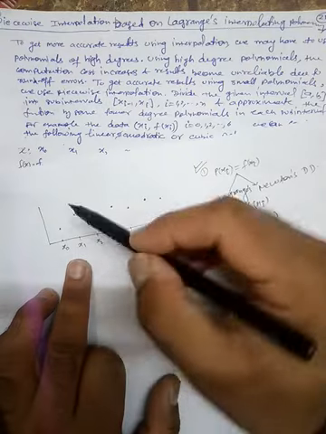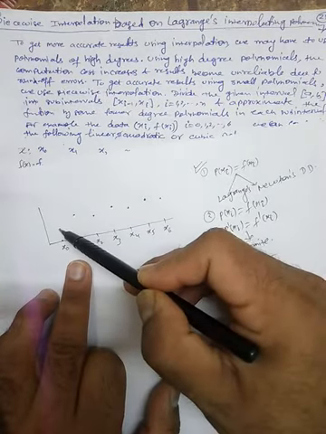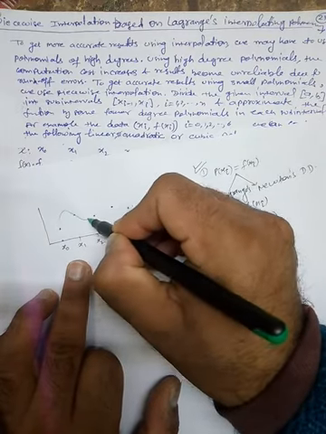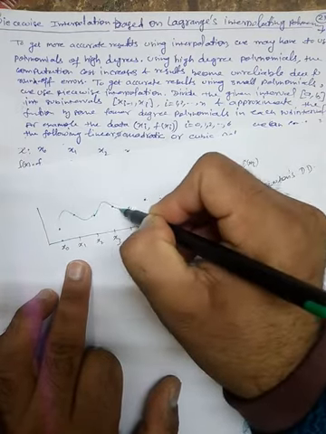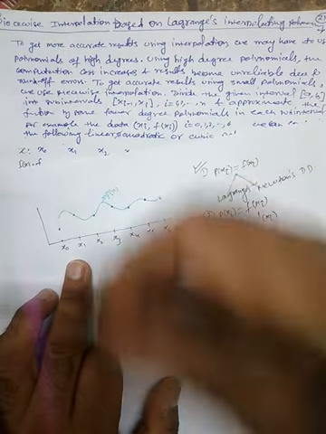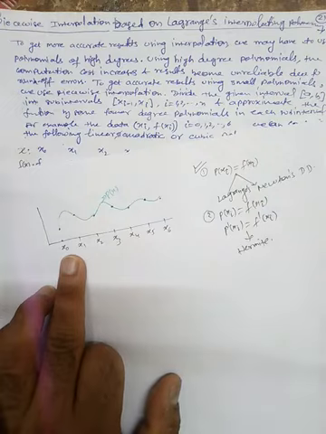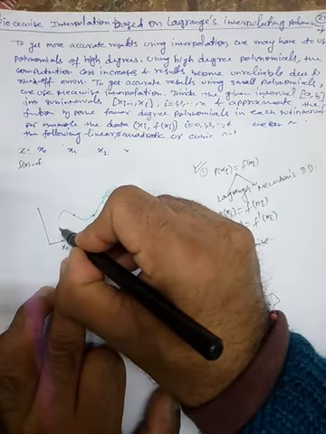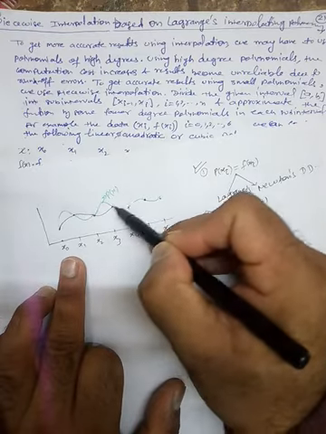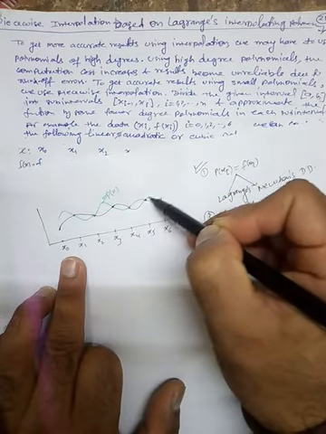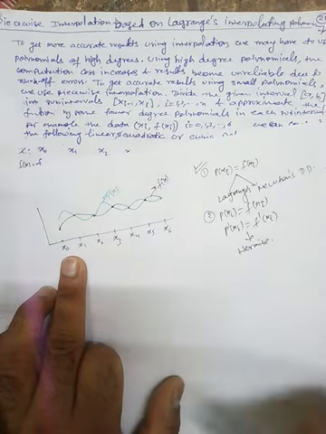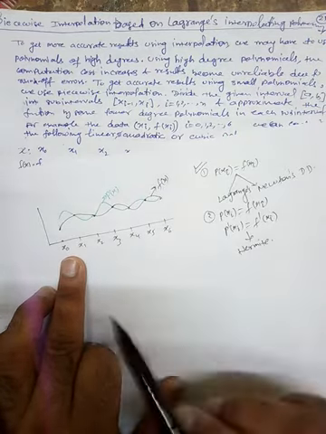Then we have this curve. We are interpolating our curve like this. This is our p(x). However, the actual curve is like this. This is our f(x), this is our p(x).